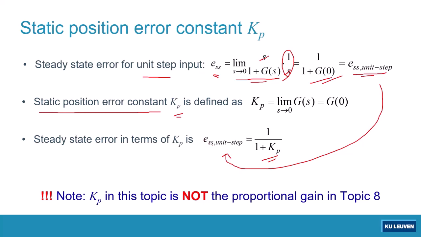The ESS unit step will be equal to 1 over 1 plus Kp, because Kp basically is equal to this value, right? Be careful in here. Kp in this slide refers to static position error constant. It's not the same as Kp that we discussed in the previous video when we were discussing the proportional controller. So this Kp is different than the Kp of the proportional gain in our proportional controller.